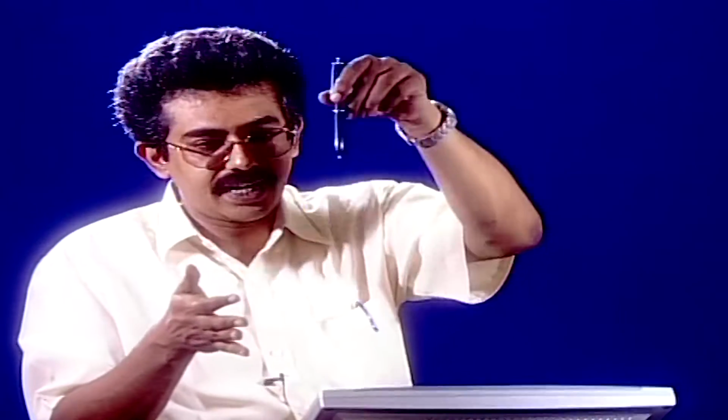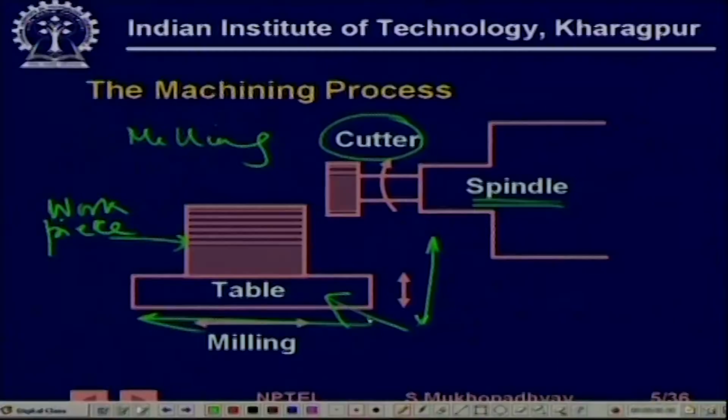So, the tool has a high speed rotation and it can also move along one axis, while the job can have 2-dimensional rectilinear motion.